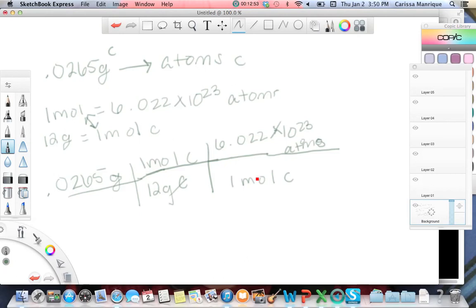Okay, now again I put 1 mole here, 1 mole here to cancel out. Okay, and that all came from right in here.